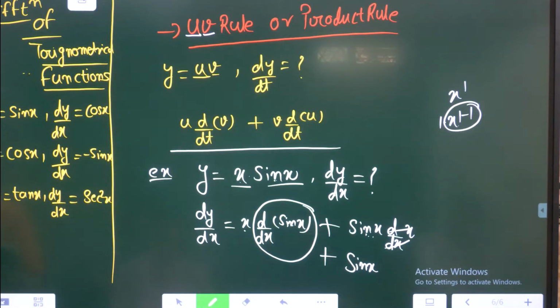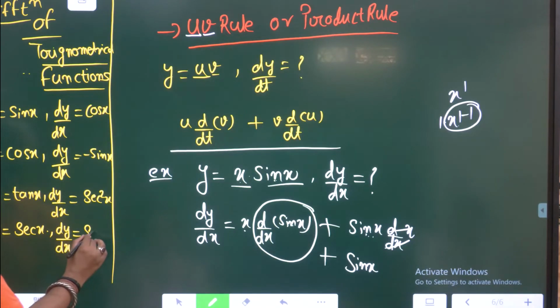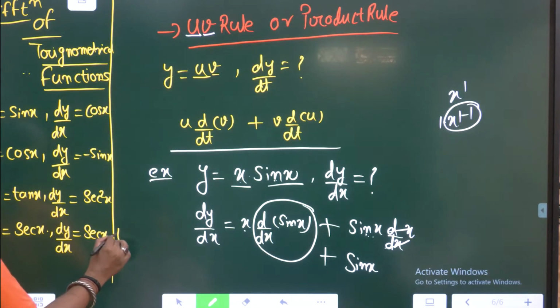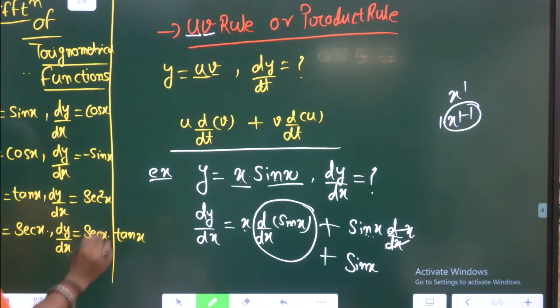Number 4, y is equal to sec x. You are differentiating y with respect to x. You will get sec x into tan x. Number 5, y is equal to cosec x.